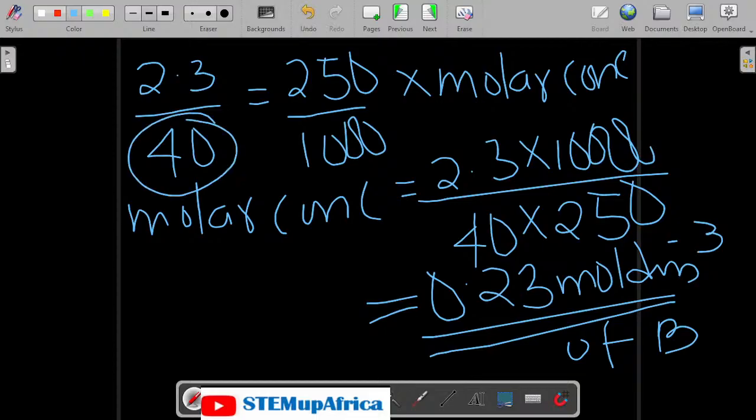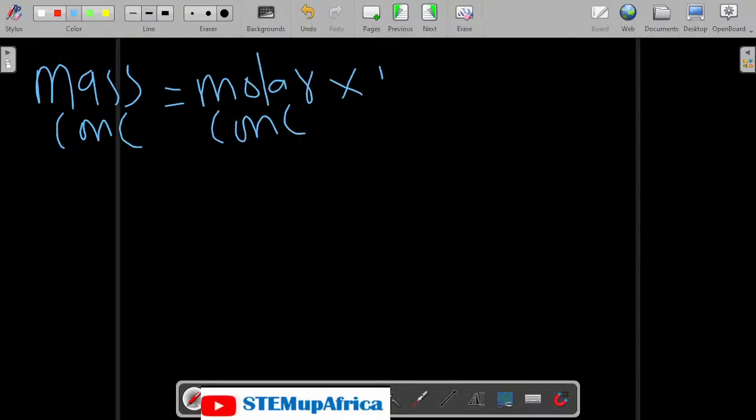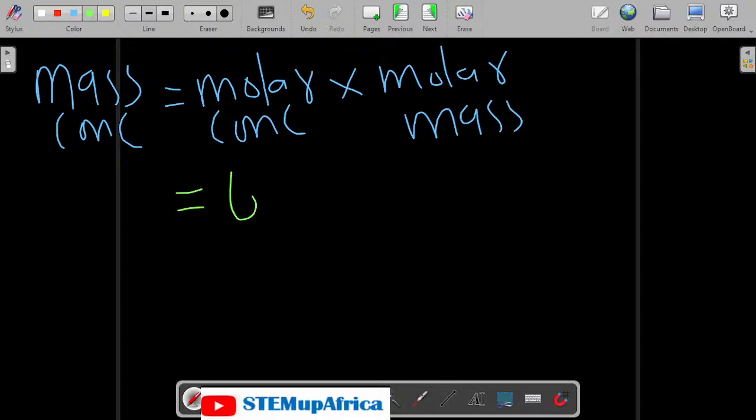So we're going to have mass concentration equals the same formula, molar concentration times molar mass, which is now 0.23 times 40.